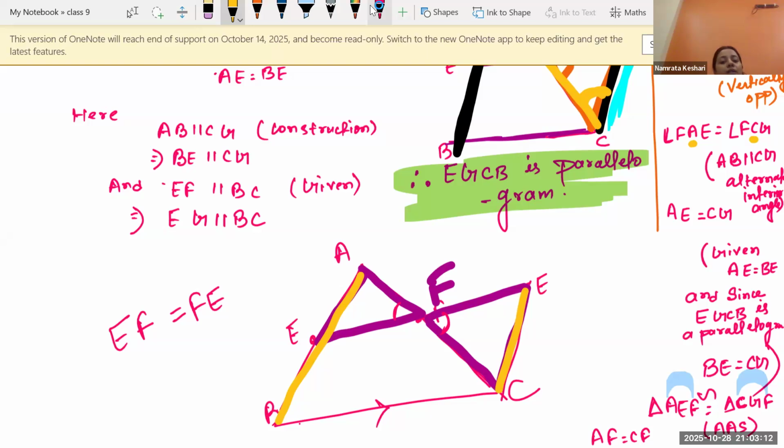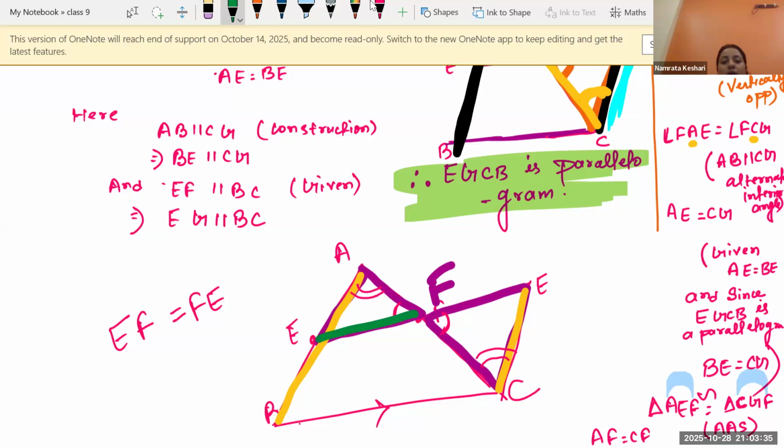We can say that vertically opposite angle, one more angle due to the parallel line, and one more condition we are getting over here due to the parallelogram condition. The moment we do the construction like this, already one parallel condition we had in hand, and now another side also became parallel.